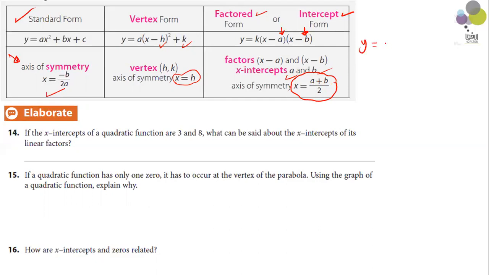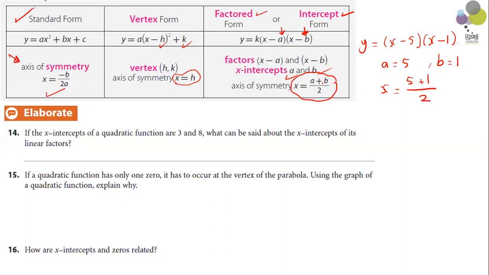I will give you an example: x minus 5, x minus 1. So the first zero is 5, and the second zero is 1. To get x, we have to add the two zeros, 5 plus 1 over 2.